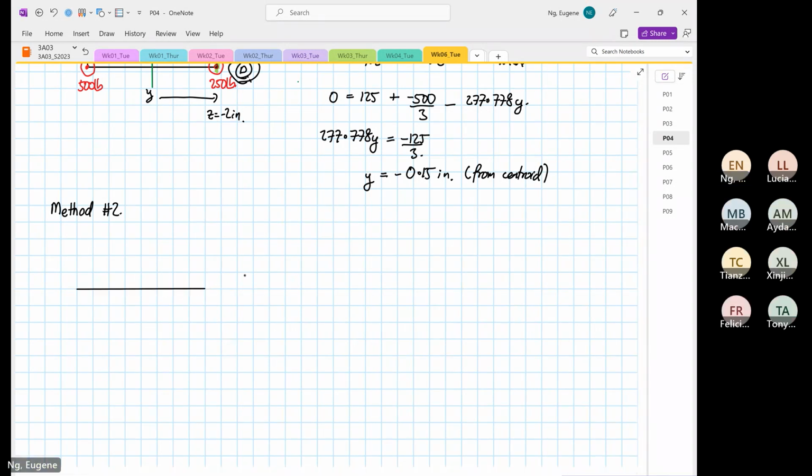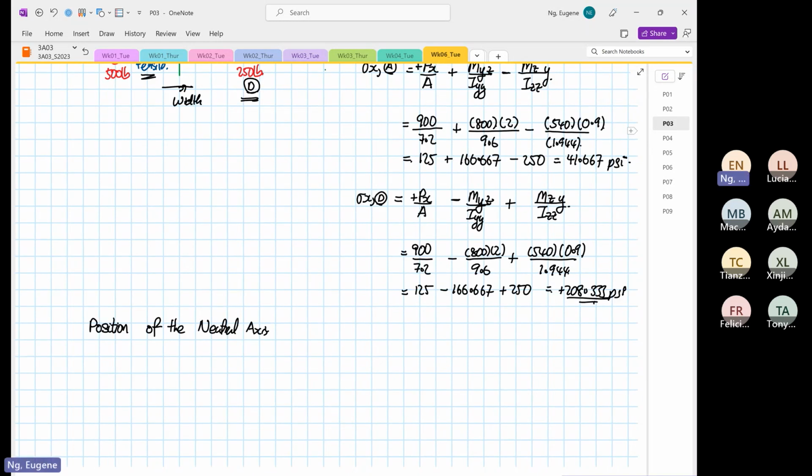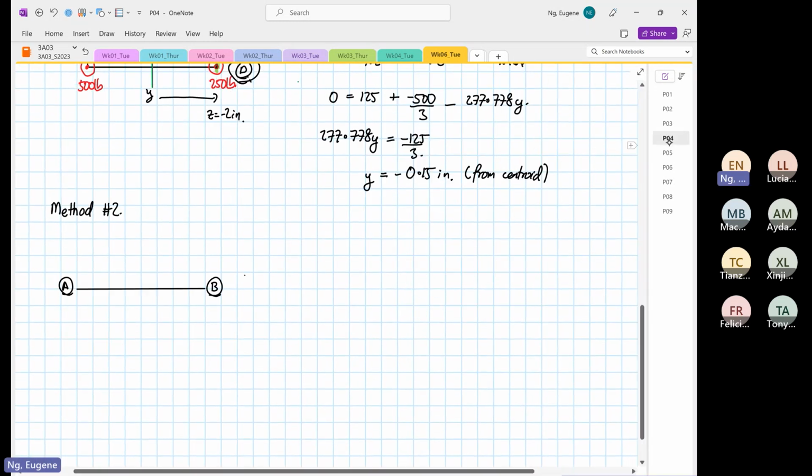Okay, so this is our point A, and this is our point B. Okay, and we know that at point A the stress is 41.667 positive.